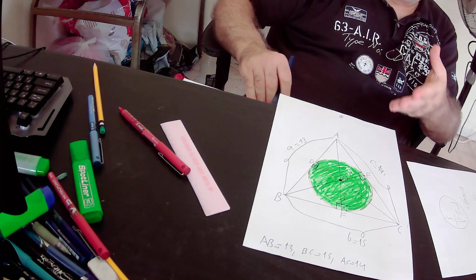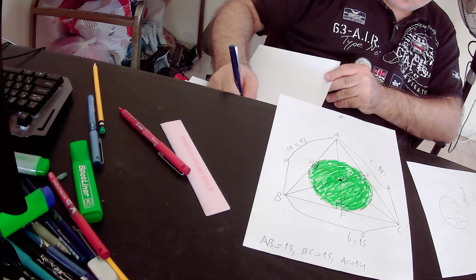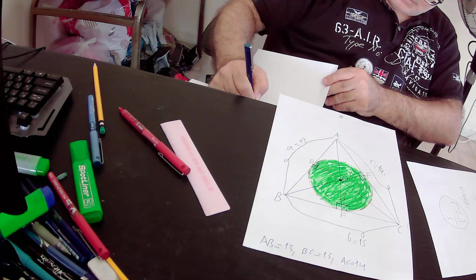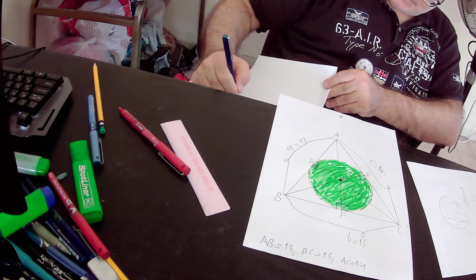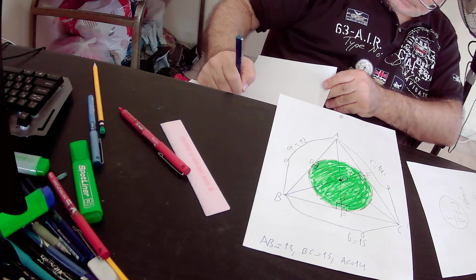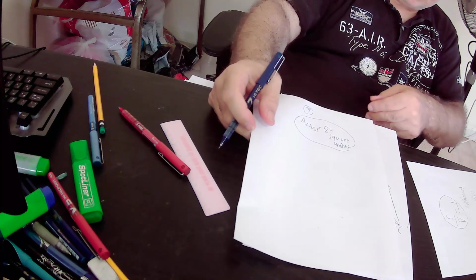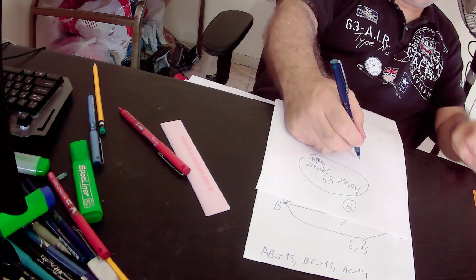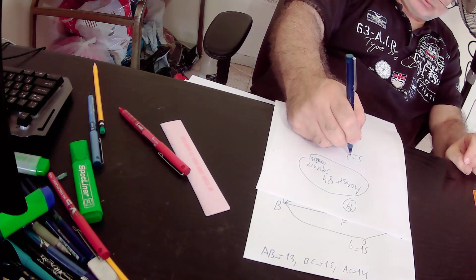We found out in 3 different ways that the area of triangle ABC equals 84 square units, and we also have already found out that the semi-perimeter of triangle ABC equals 21 units.